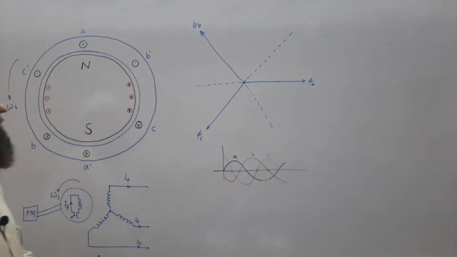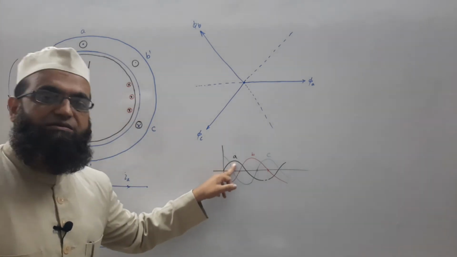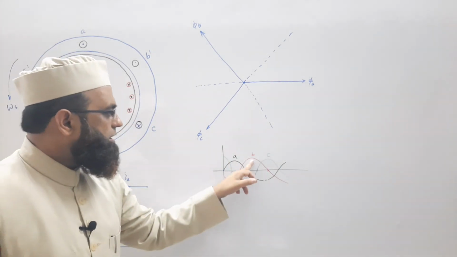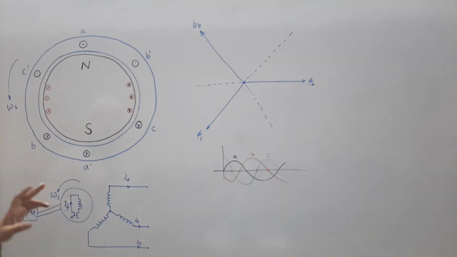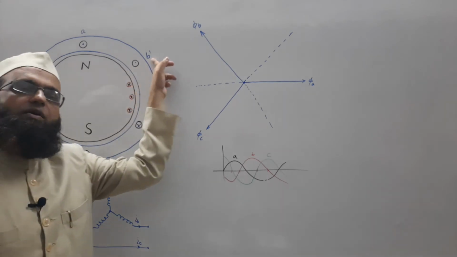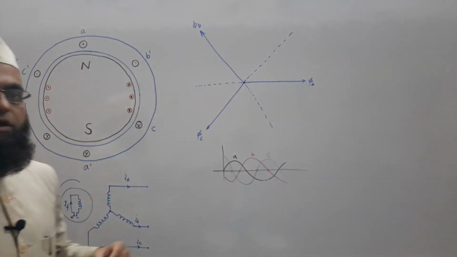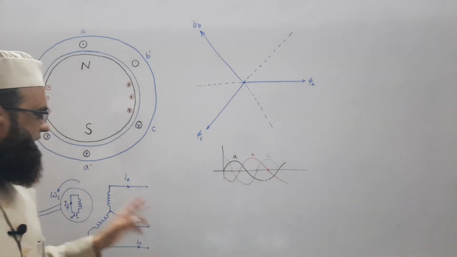You can observe from here, the moment as shown, when phase A is attaining maximum EMF, at the same time B is attaining negative potential. How? See, this is B dash. As we discussed in our convention, dot will have positive potential, so negative potential will be represented by cross.